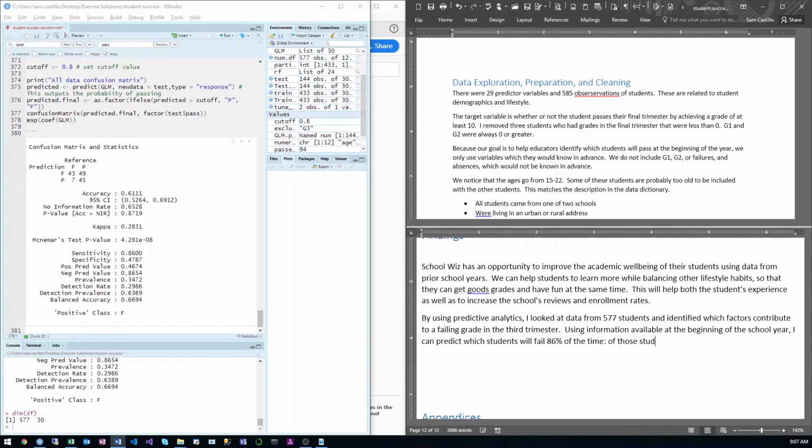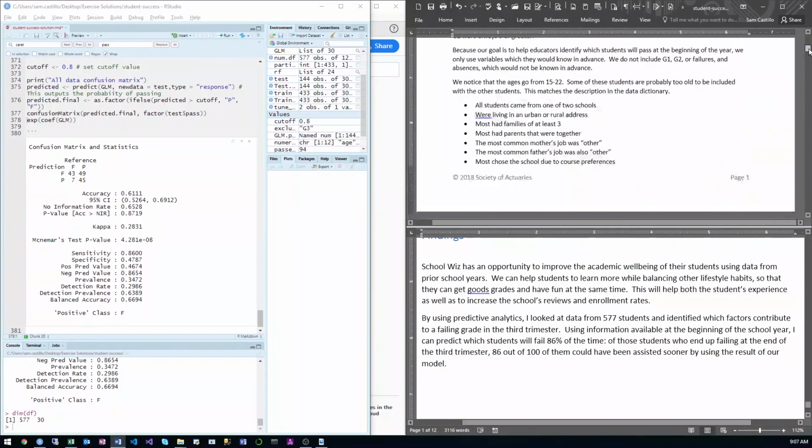Of those students who end up failing at the end of the third trimester, 86 out of 100 of them could have been assisted sooner by using the result of our model.